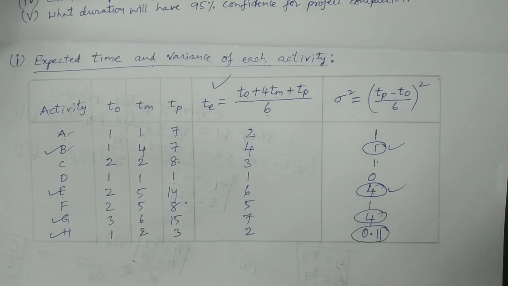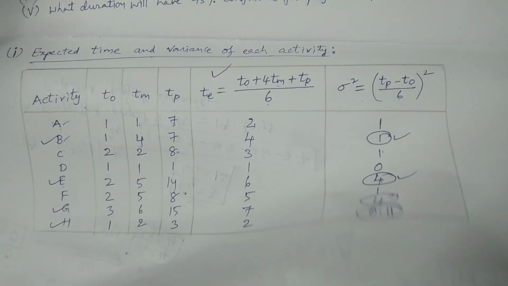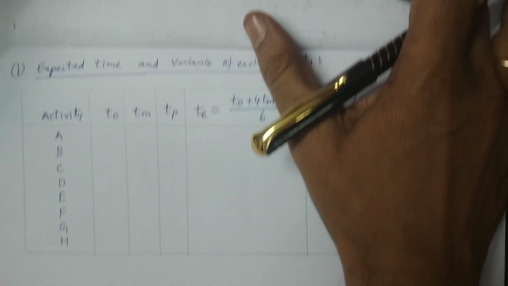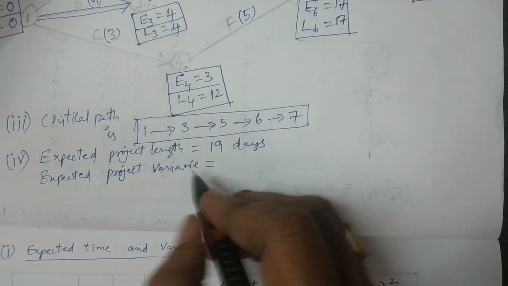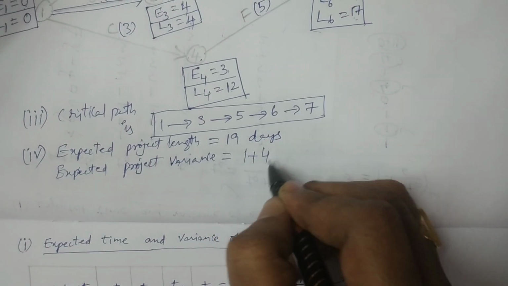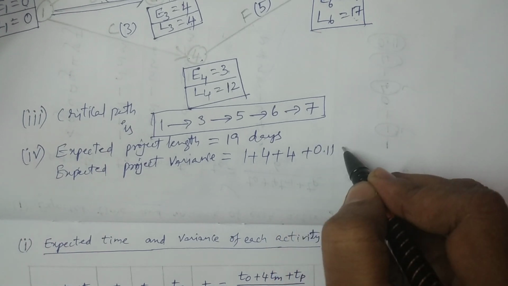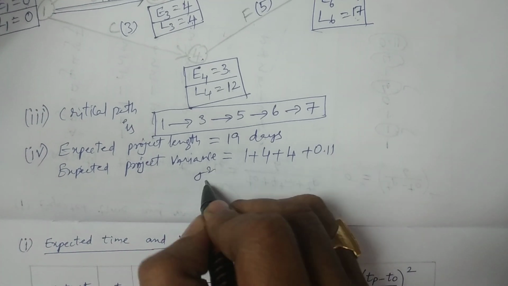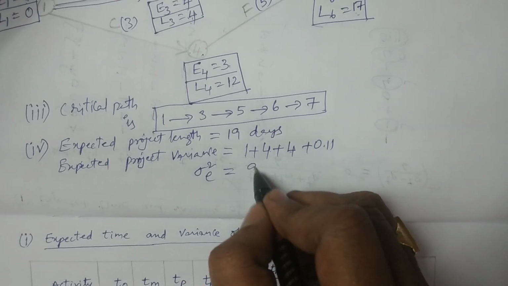If you add these variances, you get the variance of the project length, which is 1 plus 4 plus 4 plus 0.11. This is denoted by sigma square E. The value is 9.11.